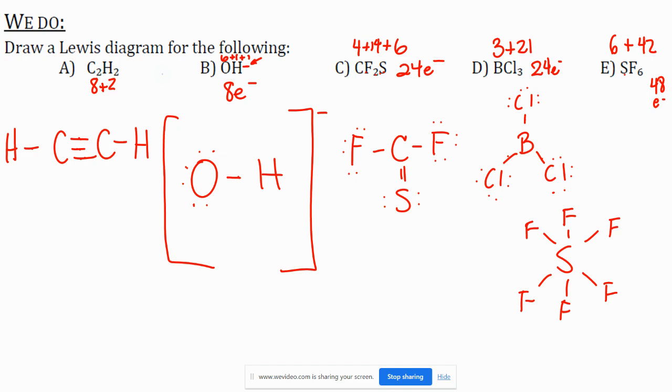Sulfur can expand its octet. It can let more in. So we can have 12 electrons around it and be fine. So then I'm going to do, so right now I've got 12, 14, 16, 18, 20, 22, 24, 26, 28, 30, 32, 34, 36, 38, 40, 42, 44, 46, 48.